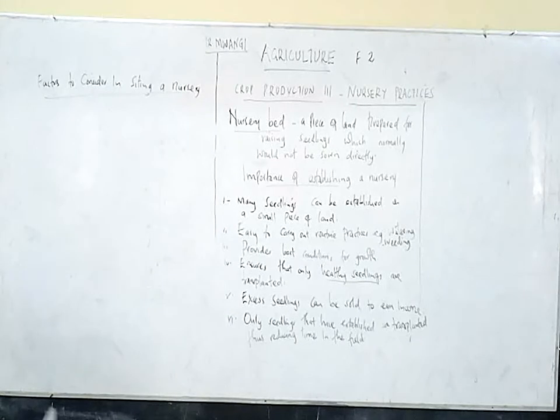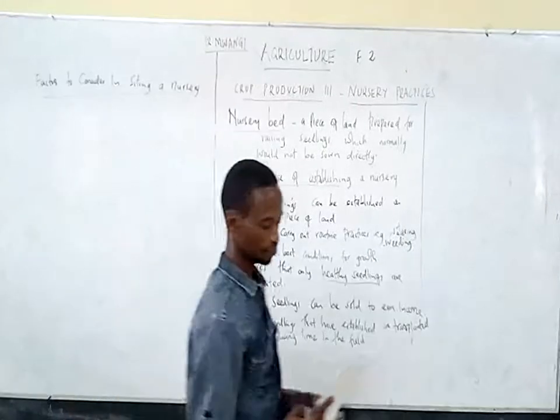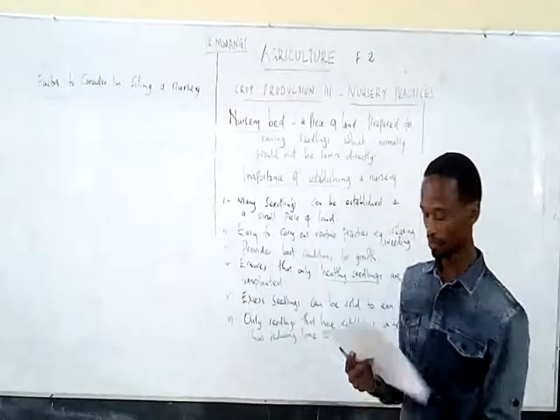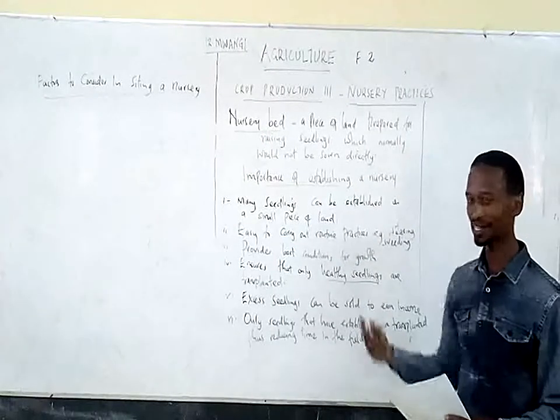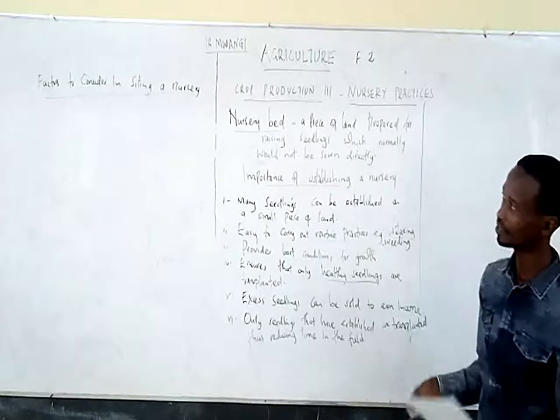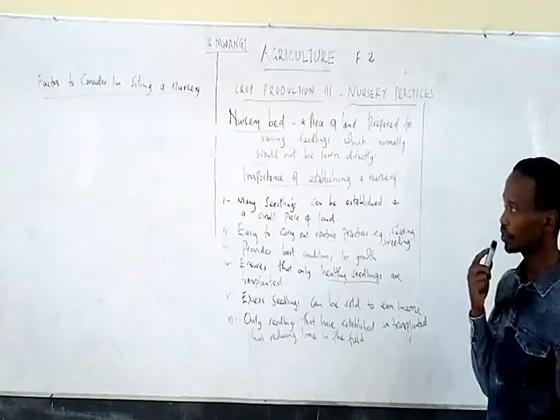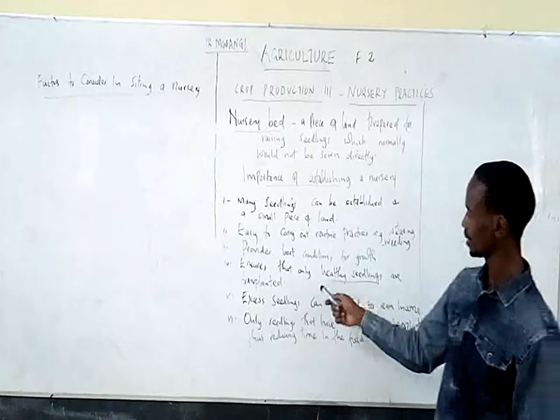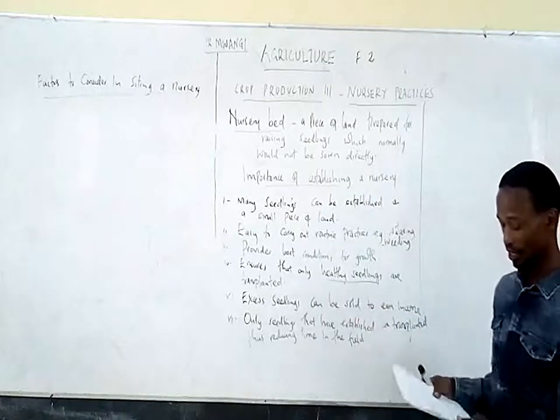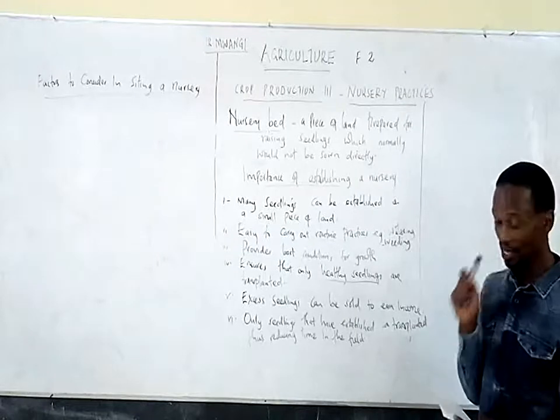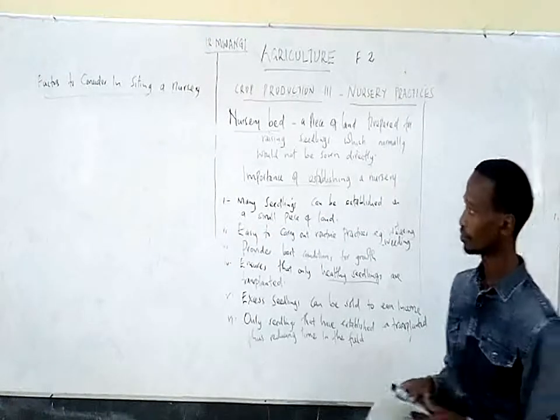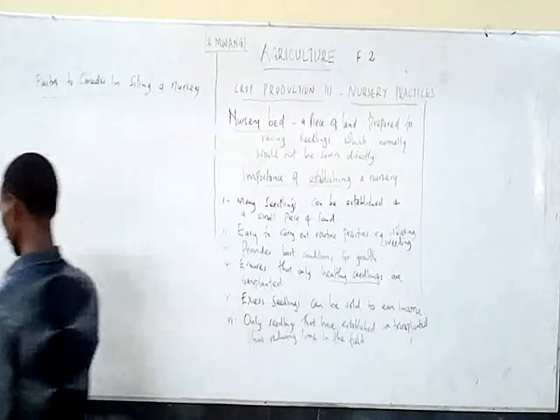When you are siting a nursery, there are various factors which must be considered. You don't just select any place or location and then site your nursery. For you to have a nursery which is going to have healthy and vigorously growing seedlings, the following factors should be considered. Number one, the water source.